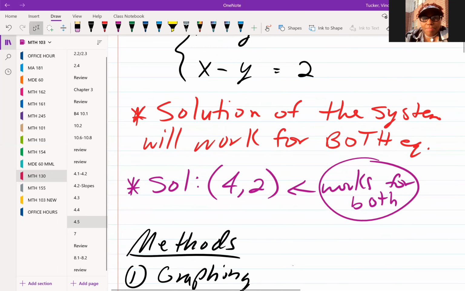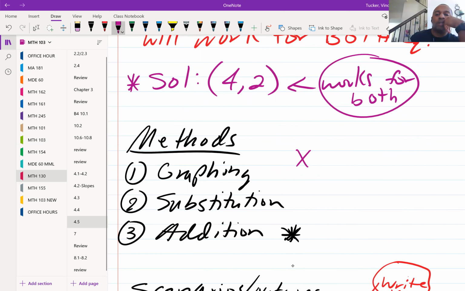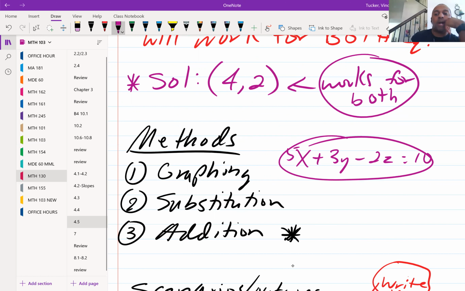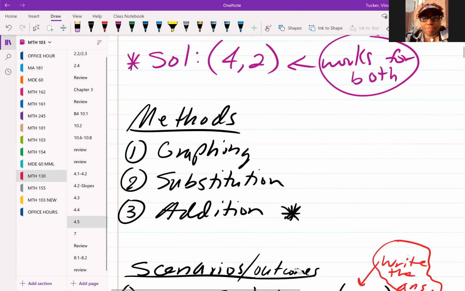Just like if we had an equation 5x plus 3y minus 2z equals 10, then you would need three because you have x, y, and z. But like I said, you guys aren't going to get that. I was just saying if you had three variables.